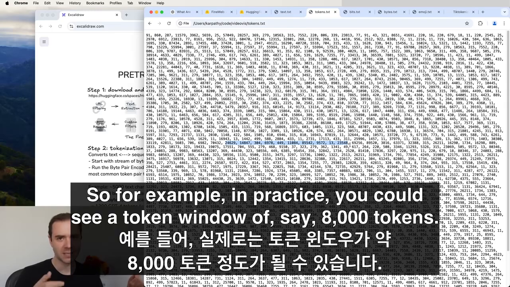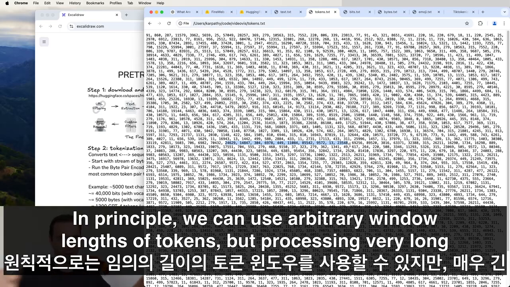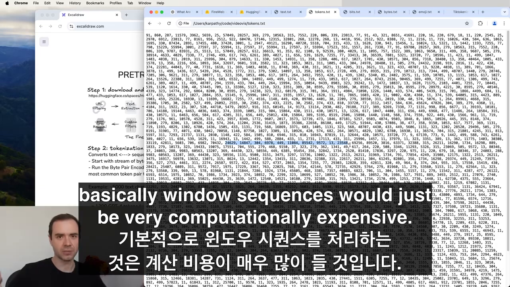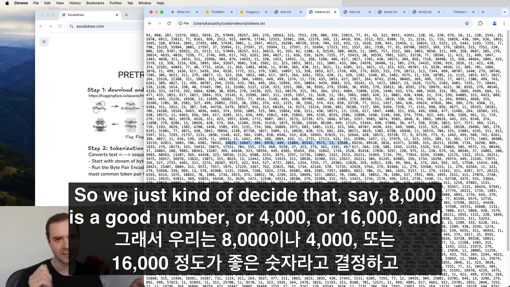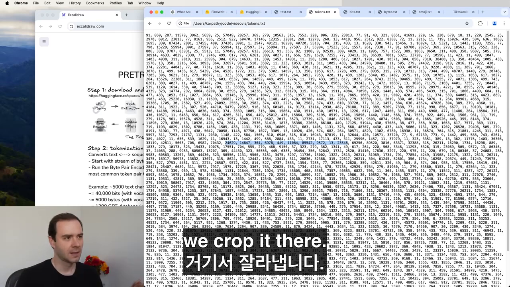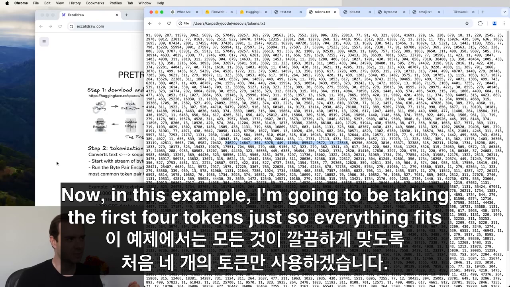So for example, in practice, you could see token windows of, say, 8,000 tokens. Now, in principle, we can use arbitrary window lengths, but processing very long window sequences would just be very computationally expensive. So we just decide that, say, 8,000 is a good number, or 4,000 or 16,000, and we crop it there. Now, in this example, I'm going to be taking the first 4 tokens, just so everything fits nicely.